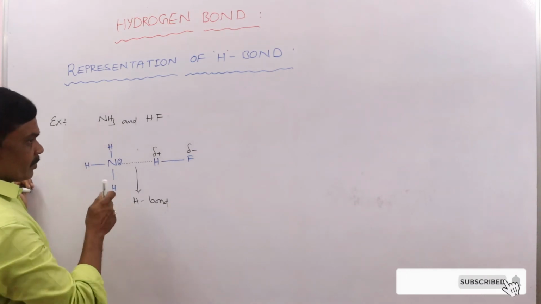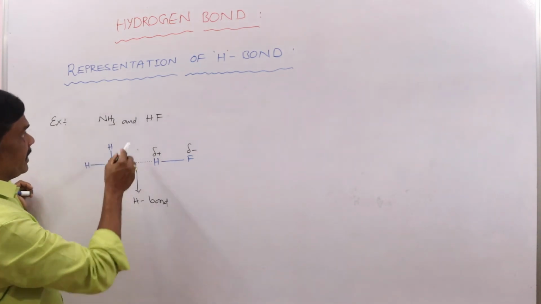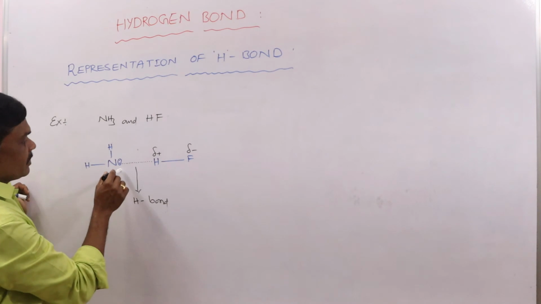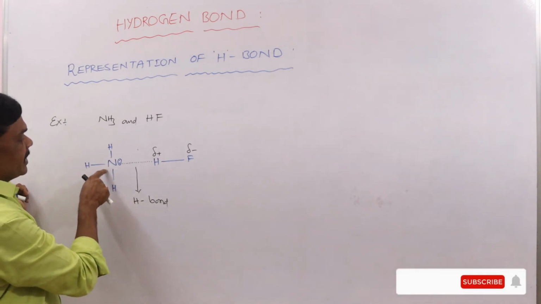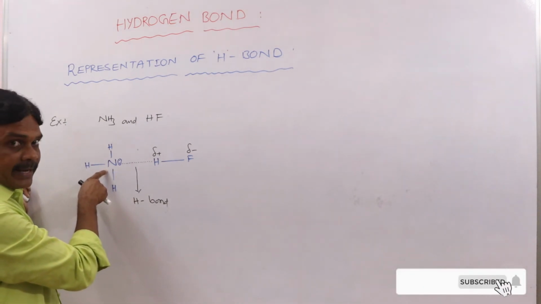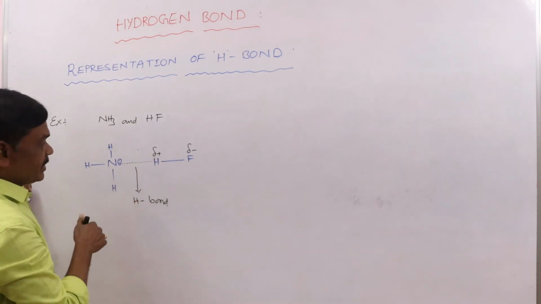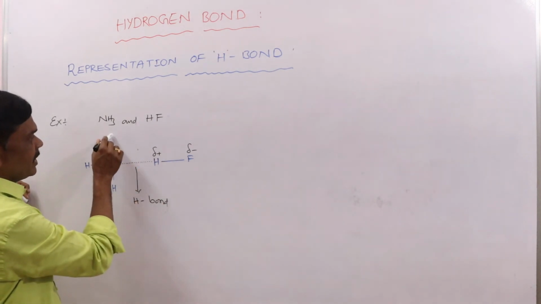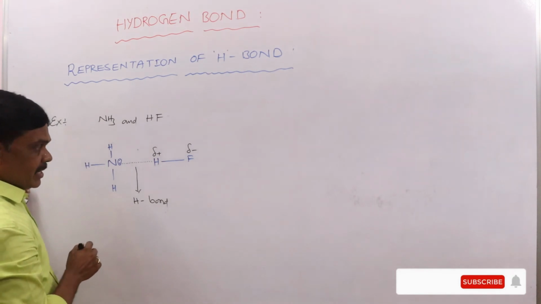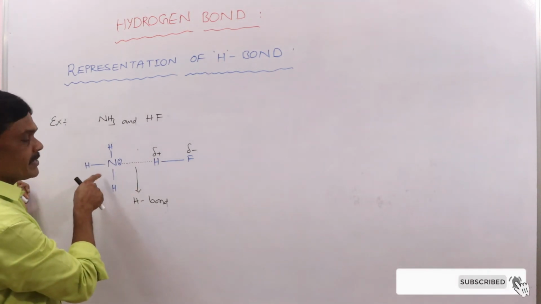In the conditions to form hydrogen bond, we took nitrogen as a highly electronegative atom and fluorine also. So why don't these hydrogens in ammonia form a partial positive charge? This doubt arises here.